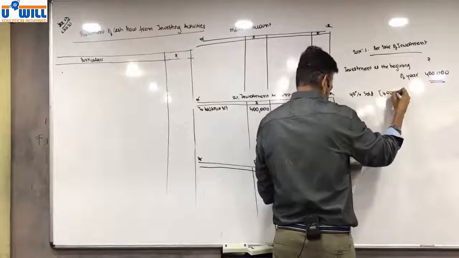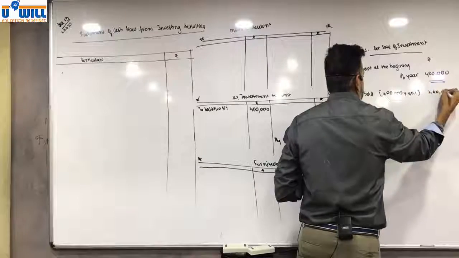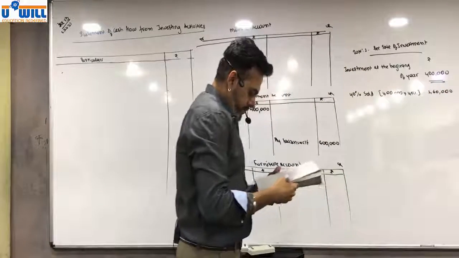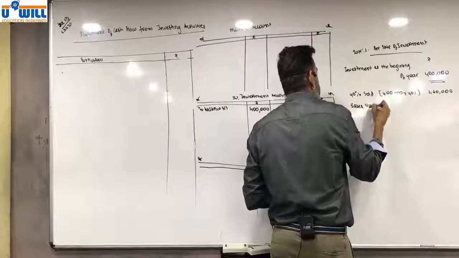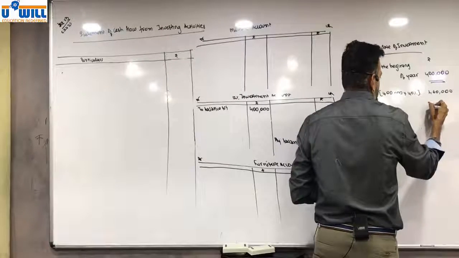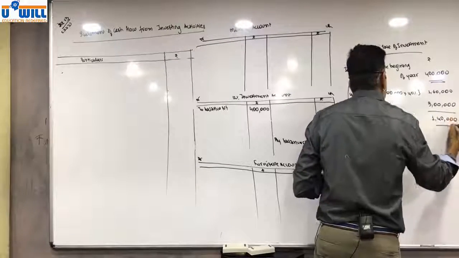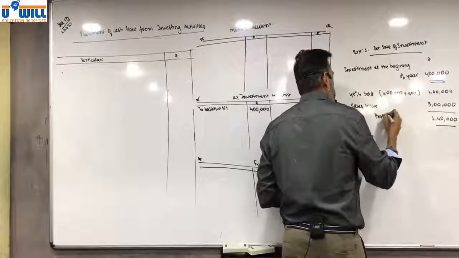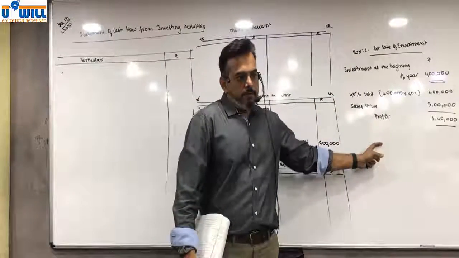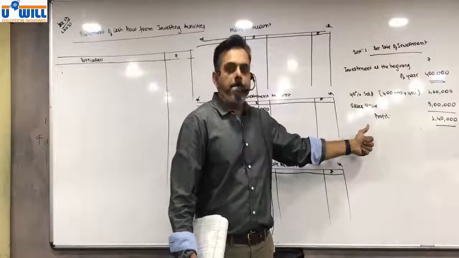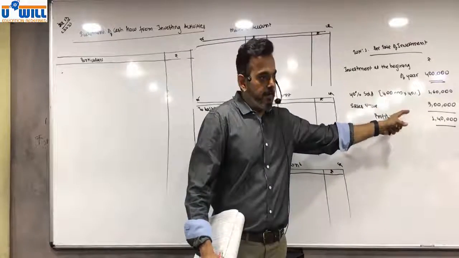So 4 lakh का 40%, 1 lakh 60,000. At what price? Sales value of 3 lakhs. So what is 1 lakh 40,000? It's our profit. ये प्रॉफिट का हम क्या करेंगे? ऑपरेटिंग एक्टिविटी में इसको हम माइनस कर देंगे. Okay? Sales value, यानी this much cash comes in.